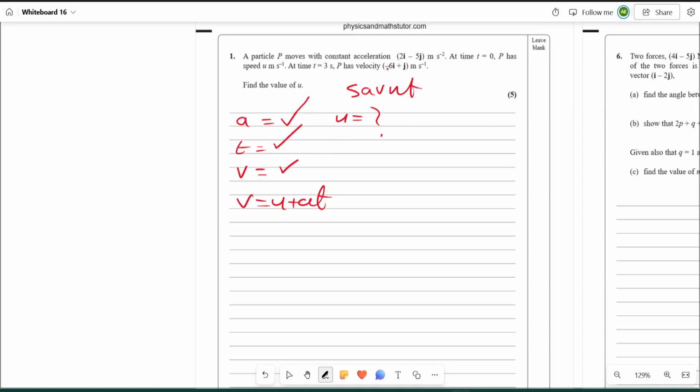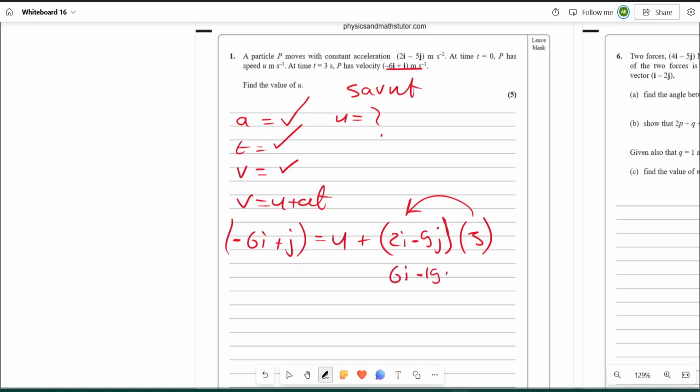So v, which is negative 6i plus j, equals u plus acceleration, which is 2i minus 5j, times t, which is 3 seconds. So over here, I'm going to multiply this. This is going to be 6i minus 15j.